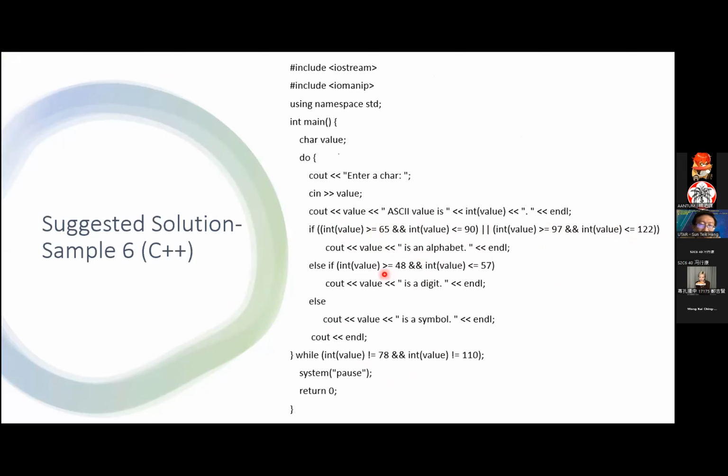But if the ASCII code is greater than or equal to 48 and less than or equal to 57, then this is a digit. Otherwise, it will be the ASCII code for a symbol. As you can see here, 78 and 110 are the ASCII codes for the capital N and small n, and that will cause the while loop to terminate.